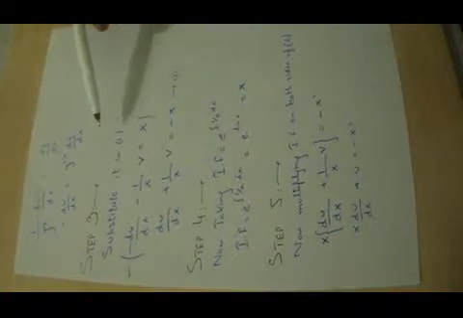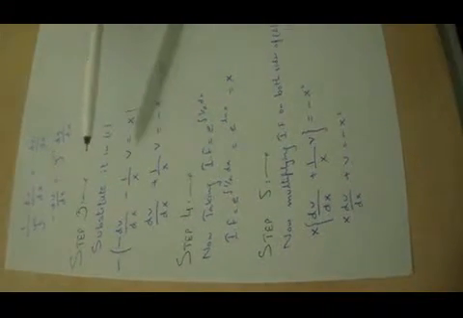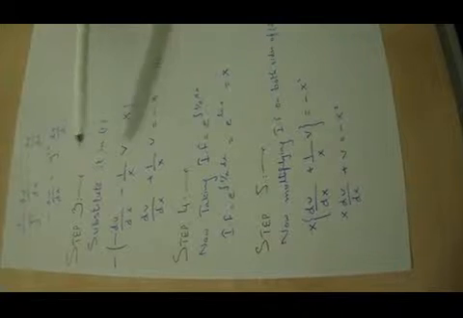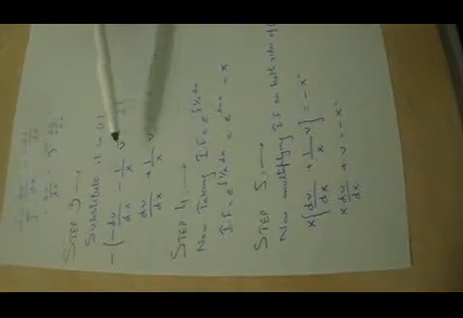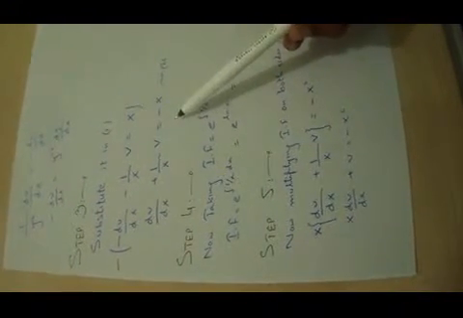Step 3 is to substitute it in equation 1 and multiply on both sides by -1. After multiplying by the minus sign, we get dv/dx + (1/x) v = -x.